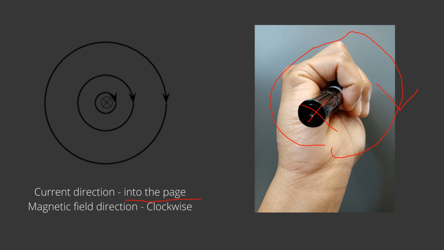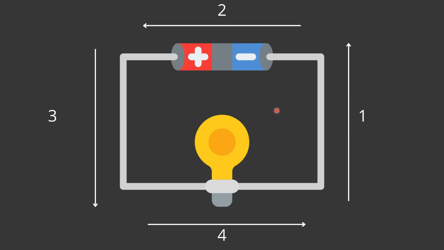We can expand this further and look at an example of a circuit. You have the positive terminal, the negative terminal, there's your conducting wire, and there is your light bulb. There's current flowing in this circuit because the circuit is closed.